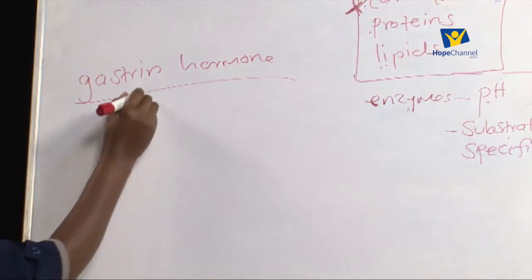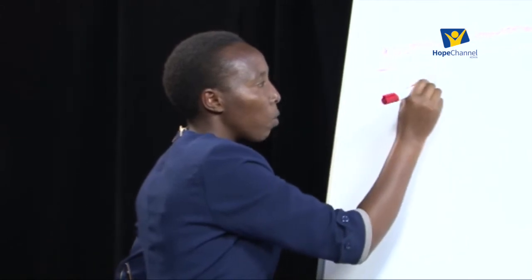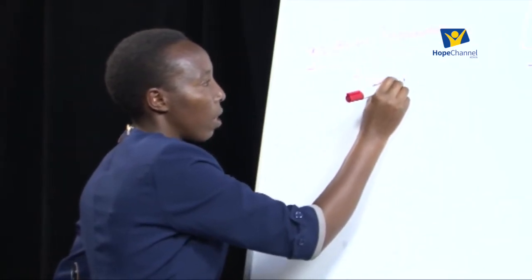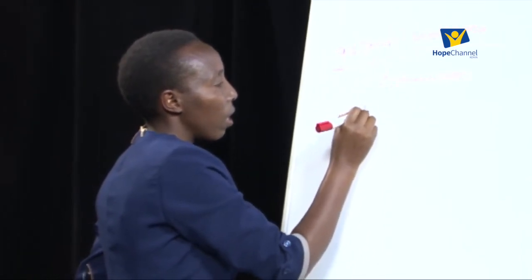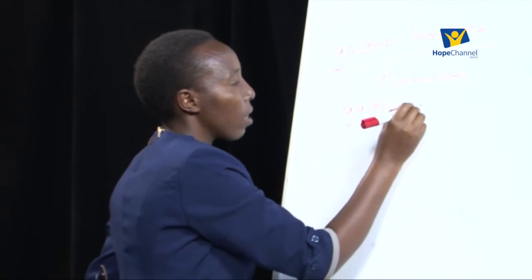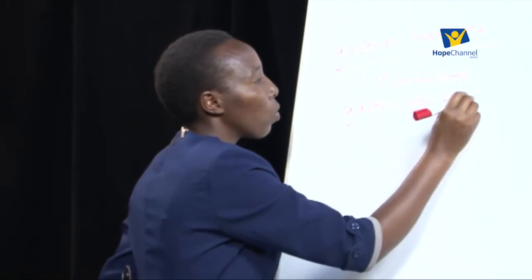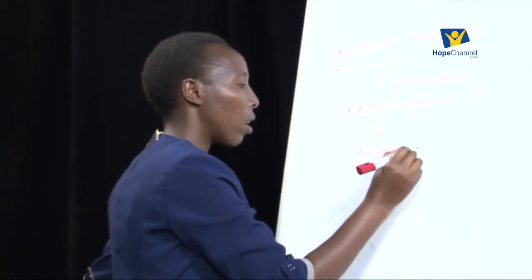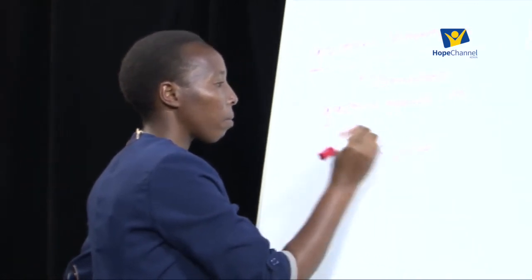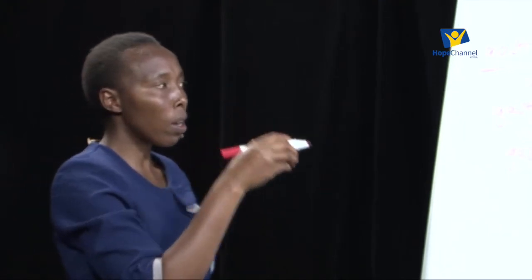Gastrin hormone stimulates, and remember, I'm using the word stimulates, the gastric glands to release a digestive juice we call gastric juice. Remember the food moved all the way to the stomach.